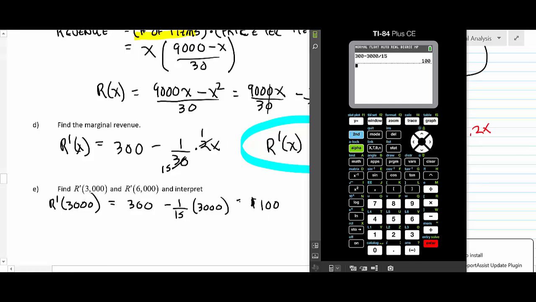So that's $100. Then what we want to do is R prime of 6,000 items, 6,000 TVs. So that's 300 minus 1/15 times 6,000. So I'll put that in.